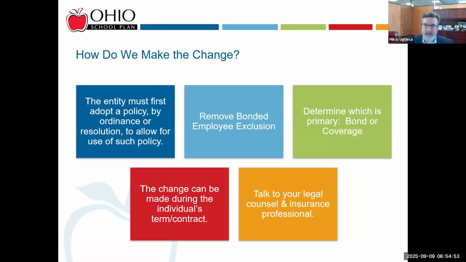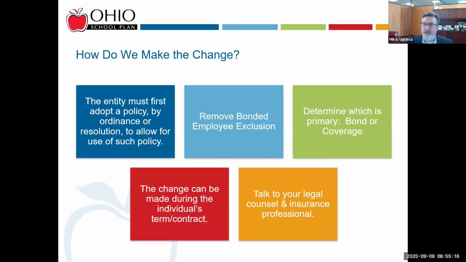So you need to consciously make the change by adopting a policy or an ordinance or a resolution. You need to make sure you're removing any bonded employee exclusions. Certainly decide on a limit. The change can be made during the individual's contract term. That was a clarification that the legislature made.